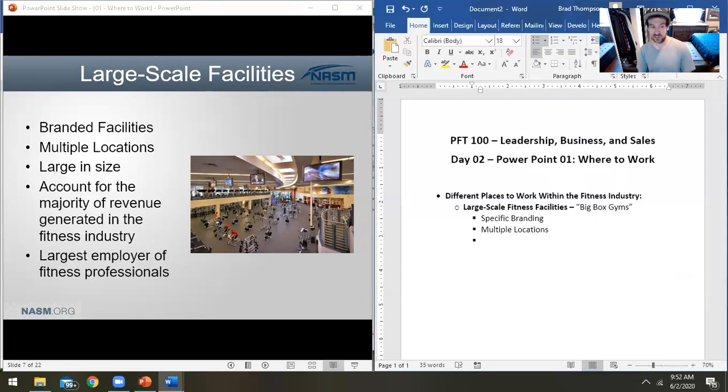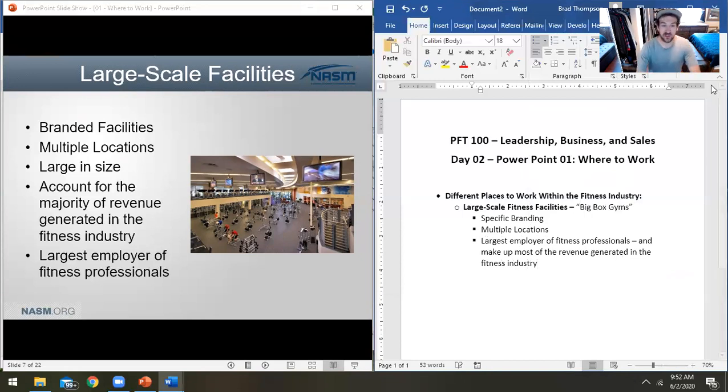Most of the revenue in the fitness industry is located in these large scale facilities. They are the largest employer of fitness professionals and make up most of the revenue generated in the fitness industry.